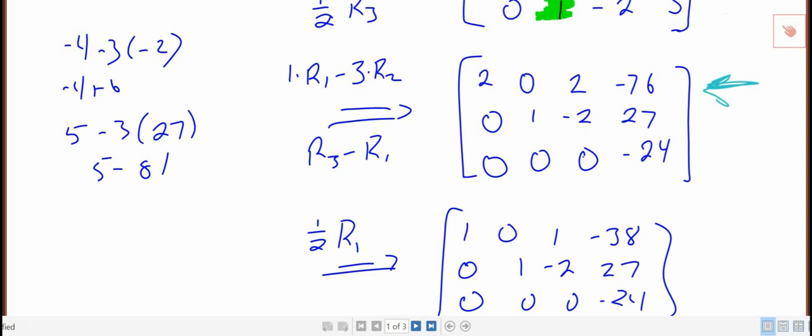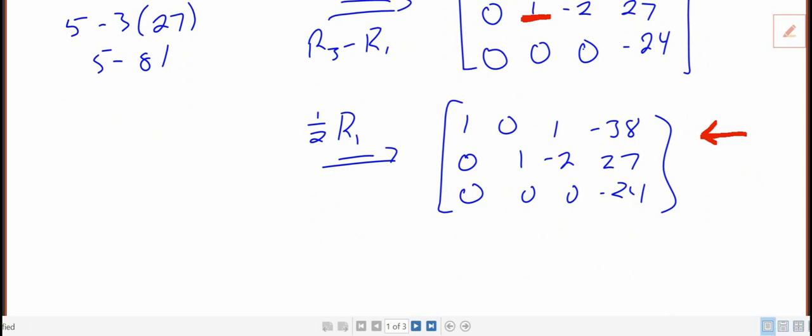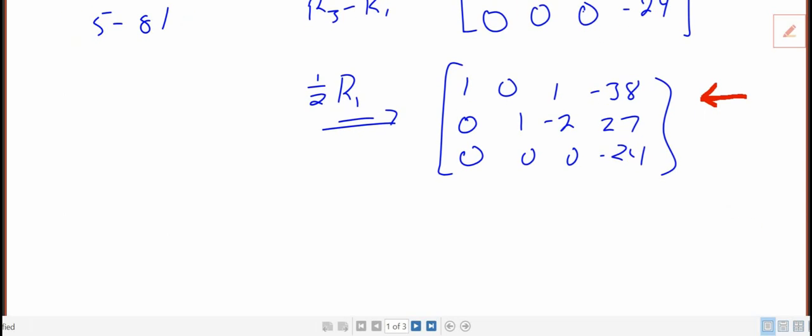But notice I did not worry about getting this to be a 1, not until the very last step. This turned out to be a 1 early on. Great, that worked out great. But it was a pure accident. That was not intentional. I don't intentionally get the 1s until the very, very end, so that way I can always do integer stuff. And I just think that's easier to type into calculators. It's easier for the mental math.